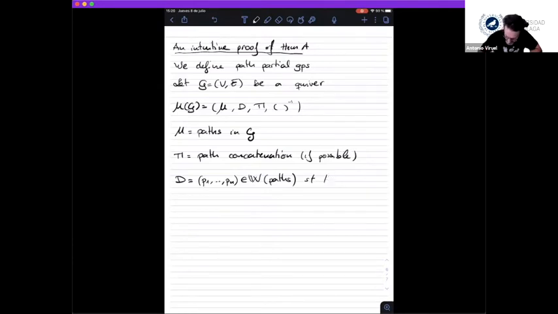Somehow the target of pi equals the source of pi plus 1, right? So you should be able to concatenate these paths.